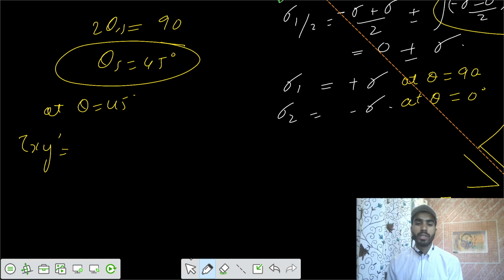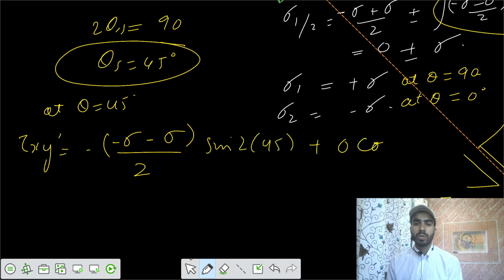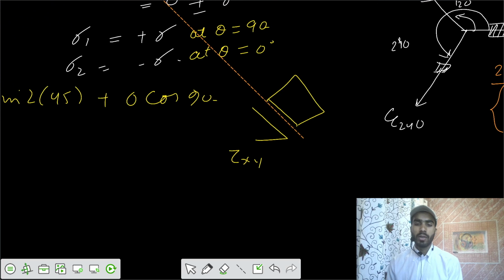We have the equation: minus sigma x minus sigma y by 2 sine 2 theta plus tau xy cos 2 theta. So we got minus times minus, which becomes a positive value of sigma. So on this plane you have a tau xy equal to sigma.